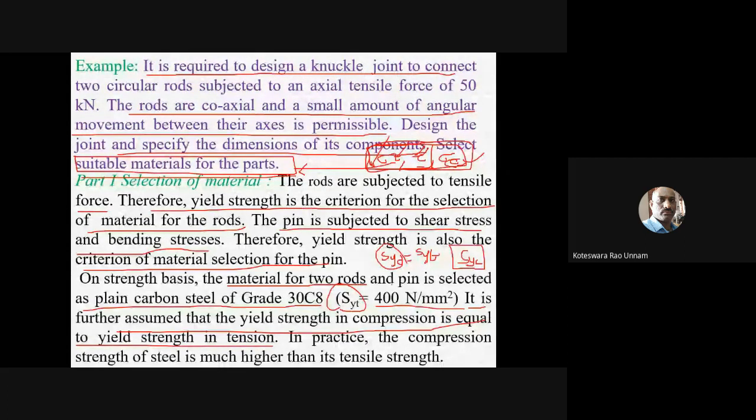It need not always be the case. If you want, you can take the exact value from the data book, take that as SYC, then apply the factor of safety to that SYC, and you will get your sigma C value. Once you have done that, the remaining procedure is going to be the same.